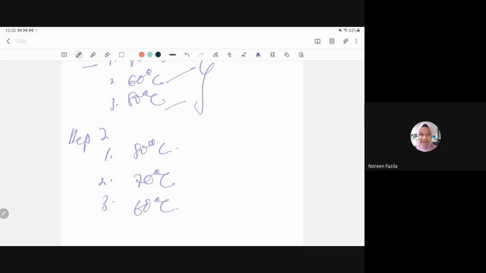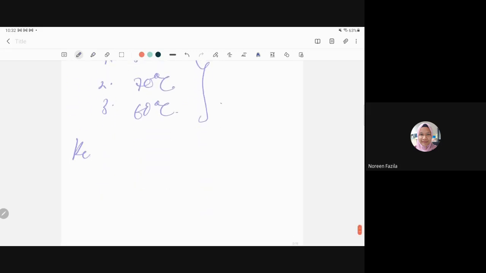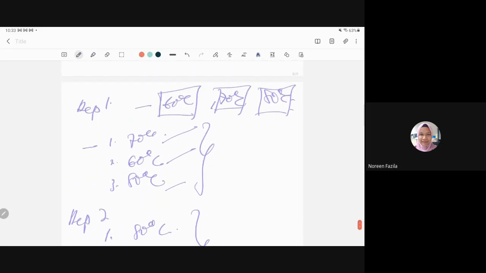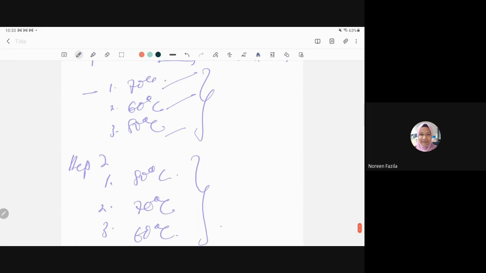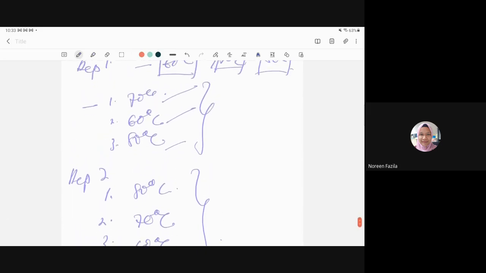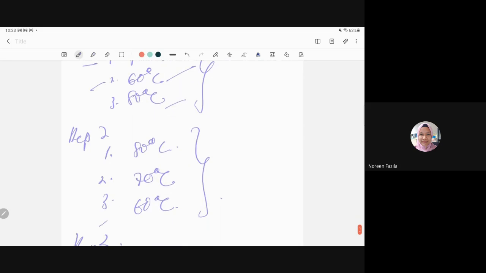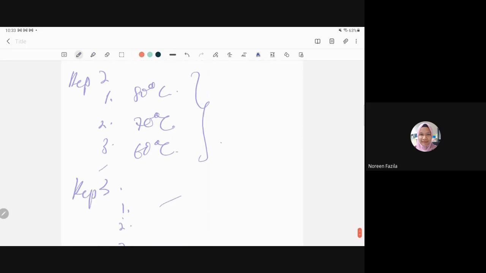Then in the lab, for Rep 2, you do this. Similarly, for Rep 3, you randomize. So for 60 degrees C, sometimes it is done second, sometimes third, sometimes first.